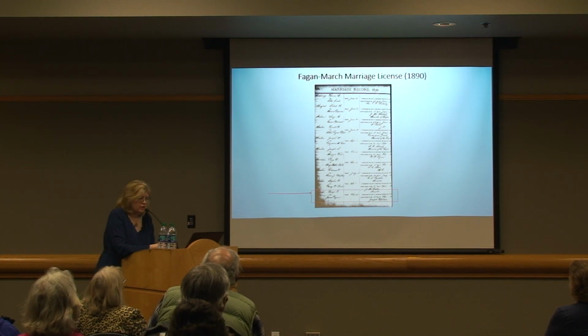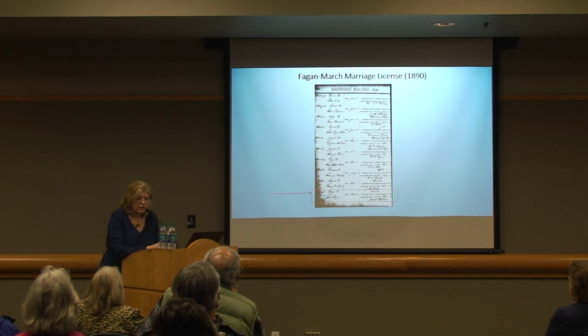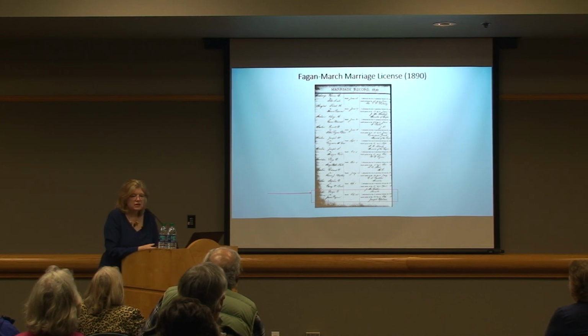The family story goes, Jane came over from Ireland, and she went to a Catholic convent school in Nashville. There she met a man by the name of George March, and they fell in love, which would be good news, except in 1890, actually a couple years before that, they were different religions. Jane was Irish Roman Catholic, and George was Irish Protestant.